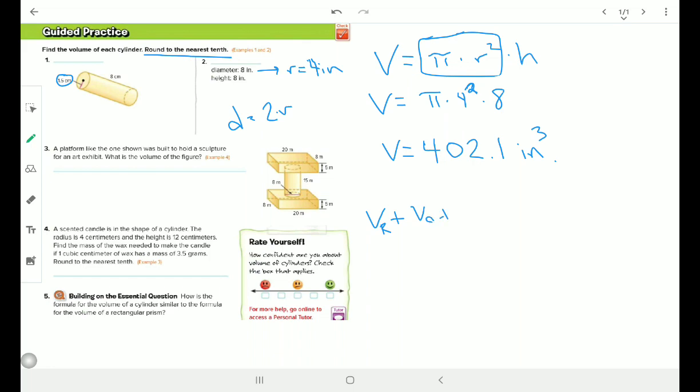And you're going to add all three of those together to get the total volume. So remember, the volume for a rectangular prism is just length times width times height. All right? So you're going to use two different formulas to figure out this question. So you're going to add all three of those together once you find it.